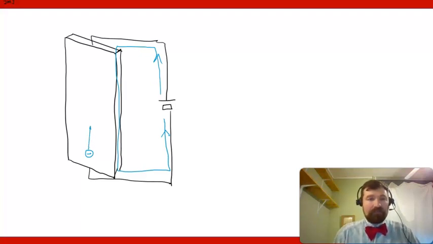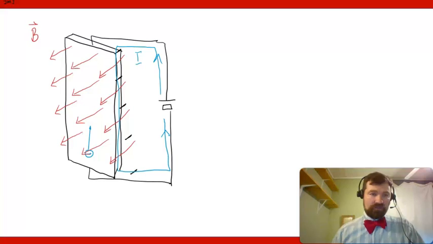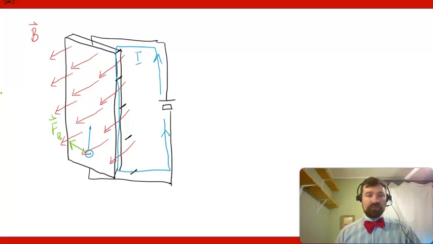Now, let's say that I place it again in a magnetic field. So I've got current, I've got my charge moving, I've got my magnetic field, and I can figure out what direction the force acting on this moving charge should be in. So I could have a force in this direction due to my magnetic field as this charge moves. And so this charge should move over here like this.